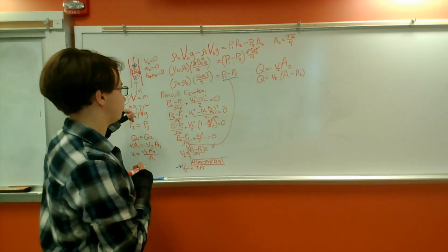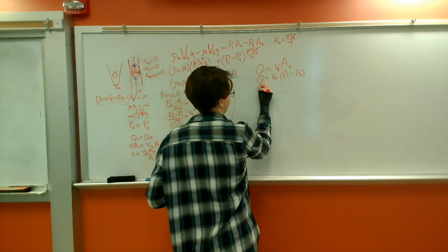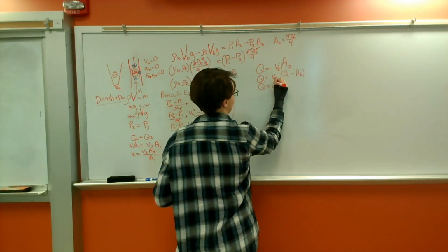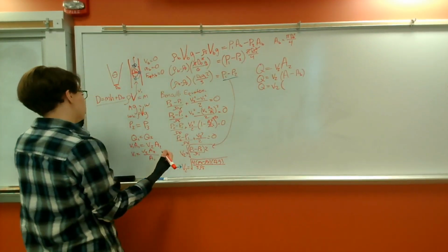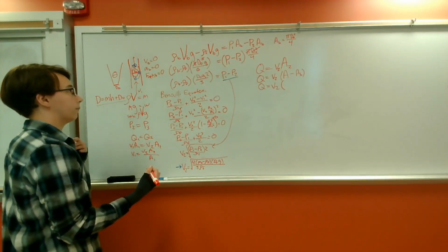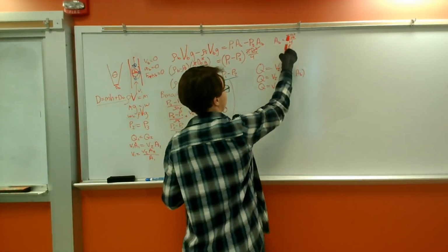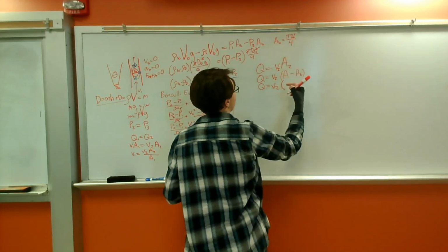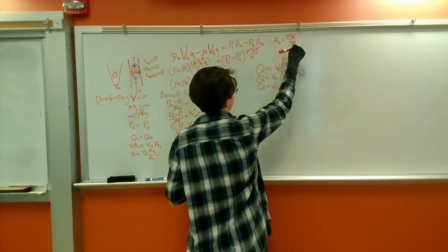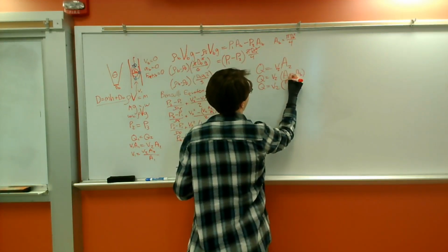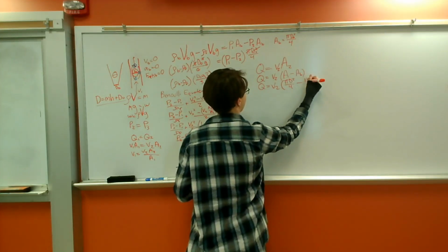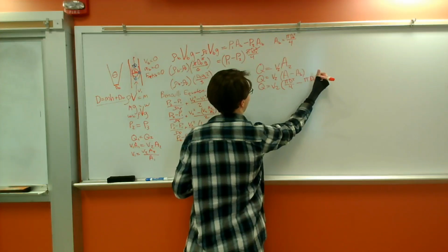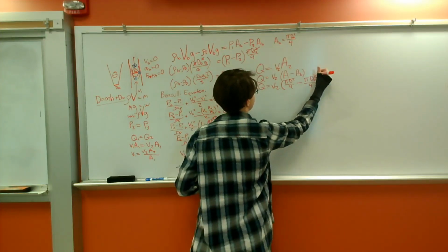So then we're going to have, so the area of the tube is going to be pi times d squared over 4, and the area of the ball is going to be pi times d naught squared over 4.